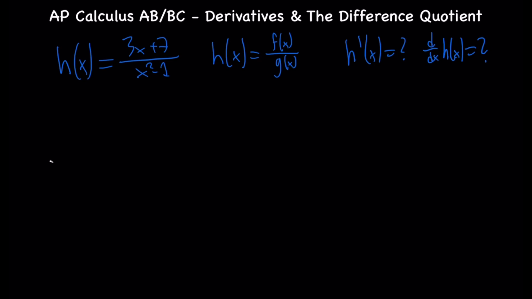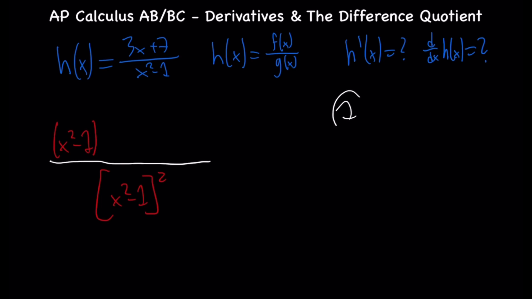So let's do this. As we follow the rule, g of x, which is equal to x squared minus 1, is right here. And you're probably going to want to put x squared minus 1 squared. Now let's solve.